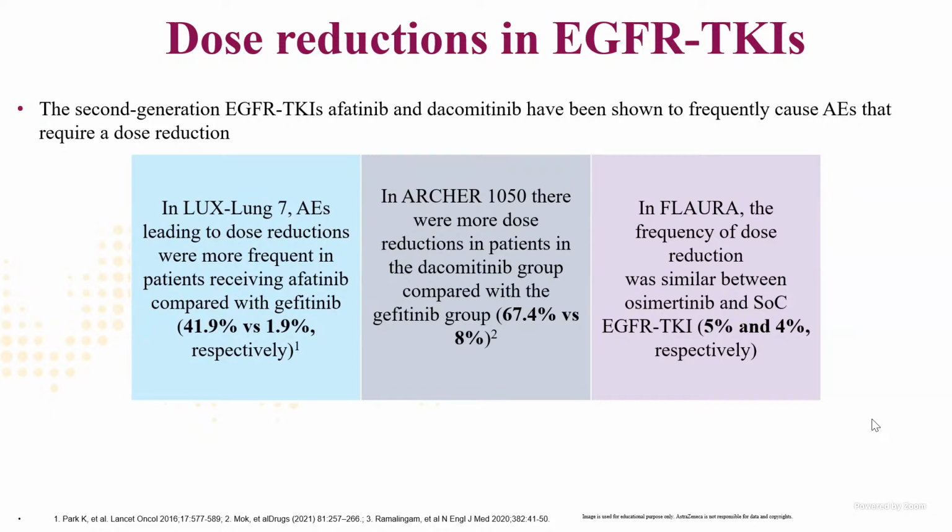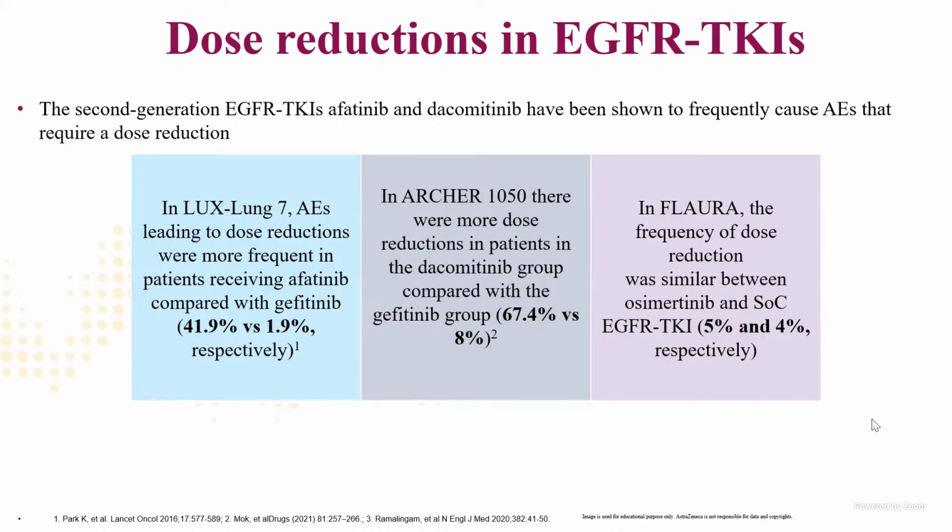Coming to ARCHER 1050, there were more dose reductions in patients in the dacomitinib group compared with the gefitinib group. It's more than two-thirds of the patients who received dose reduction versus only 8% in the gefitinib arm. Coming to the FLAURA trial, the frequency of dose reduction was similar between osimertinib and the standard of care arm, approximately 5% and 4% respectively.